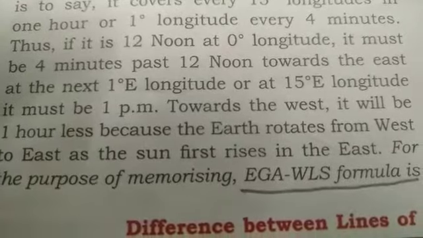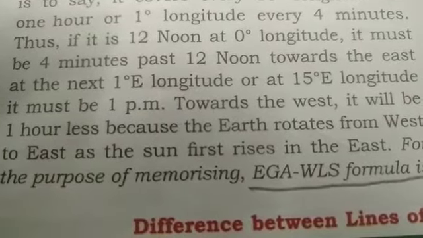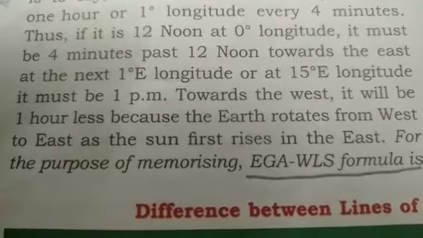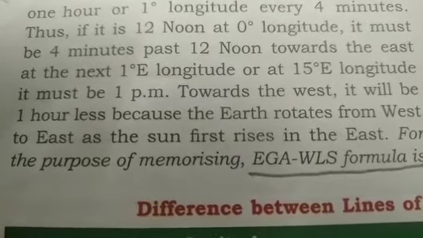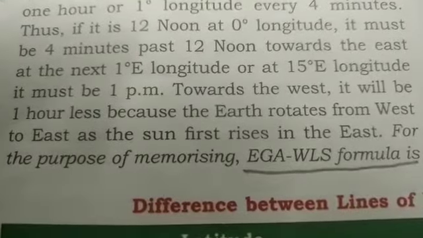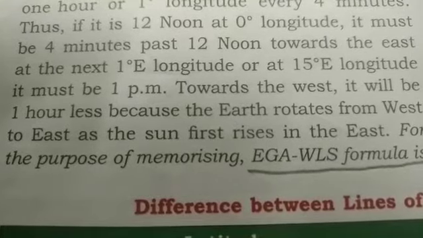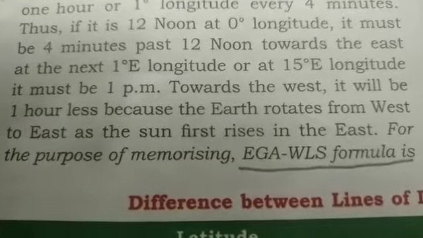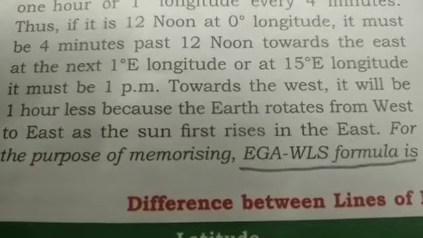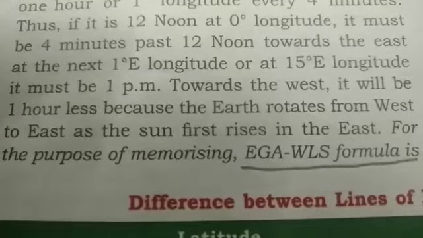Towards the west, it will be 1 hour less, because the earth rotates from west to east, as the sun first rises in the east. So for the purpose of memorizing, the EGAWLS formula is, what is this EGA? East gain and west loss.